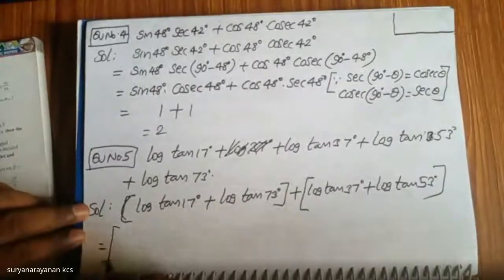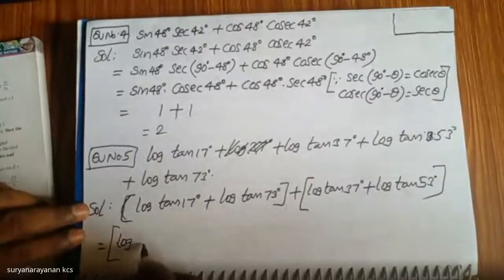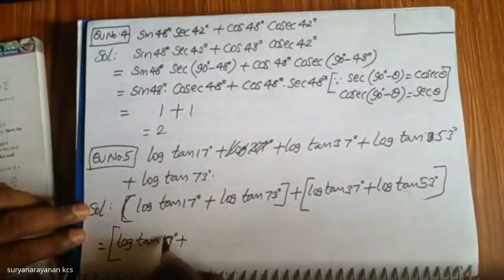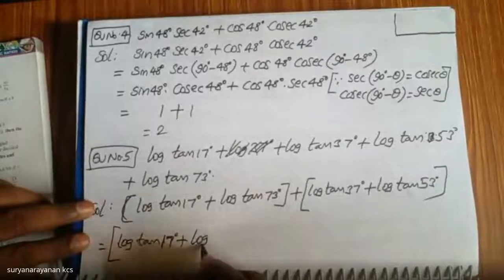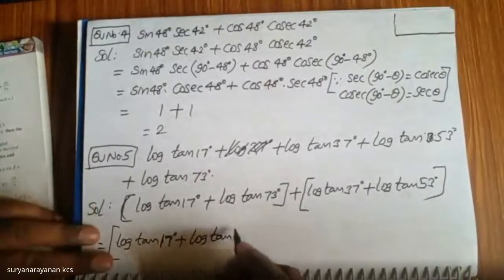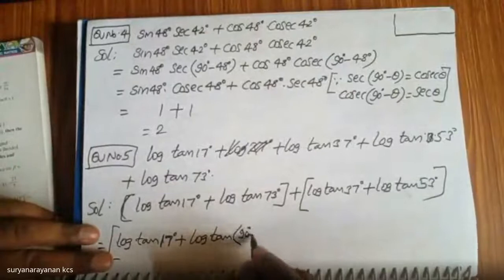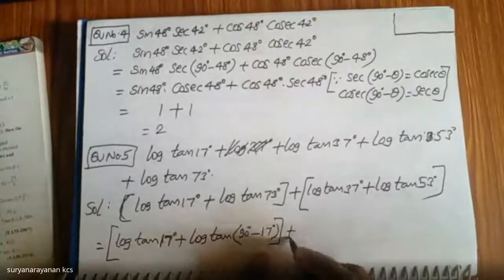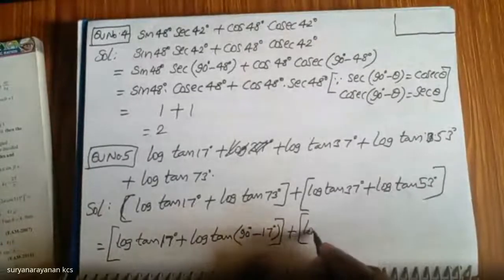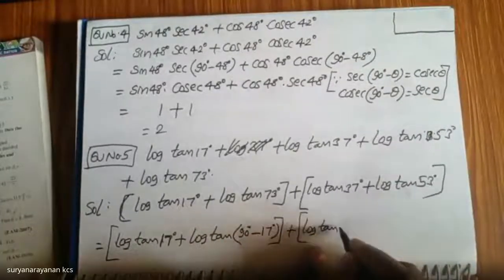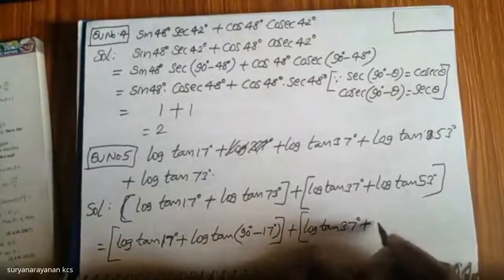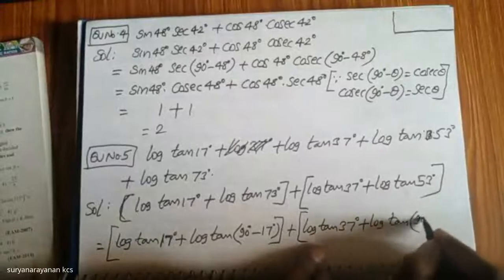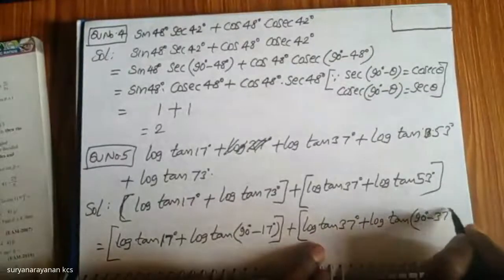Log tan 17 degrees plus log tan of 90 degrees minus 17 degrees. Similarly here, log tan 37 degrees plus log tan of 90 degrees minus 37 degrees.